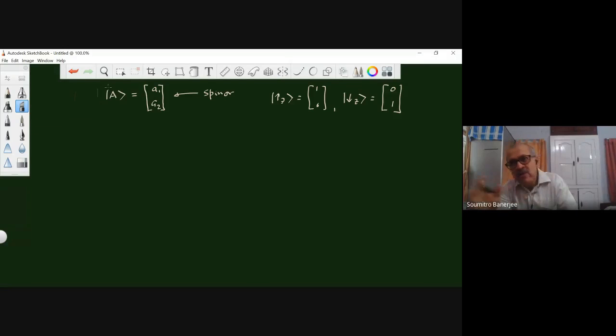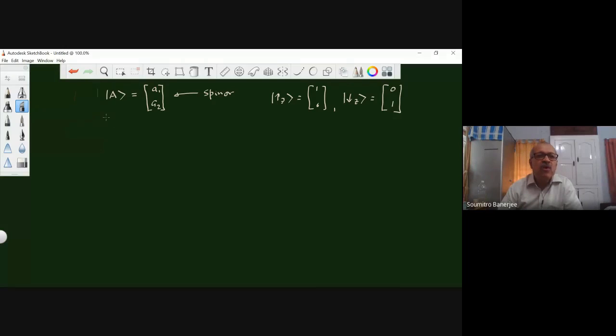Operators operate on the wave function to give a different function, and so on. And if you perform an experiment to observe some observable, then you can only observe the eigenvalues of that operator. In case of spin, therefore, we need to define similar operators that can operate on these vectors to give different vectors. And it is obvious that if these vectors are two-dimensional, the operators will be nothing but 2 by 2 matrices.